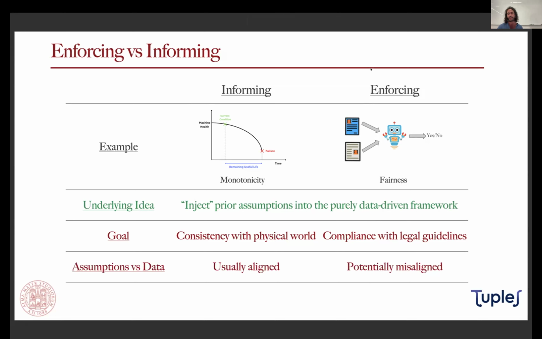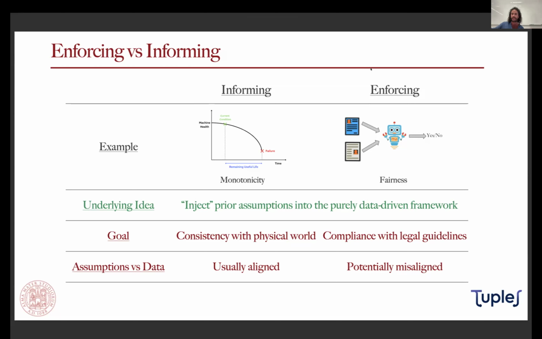Another important difference is in the relationship between the assumptions and the data, okay? In the monotonicity case, if I keep track of the health conditions of my machine over time, what I can expect is that I obtain a curve which is indeed monotonic, okay?